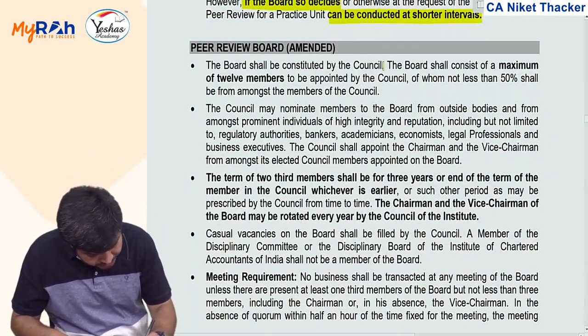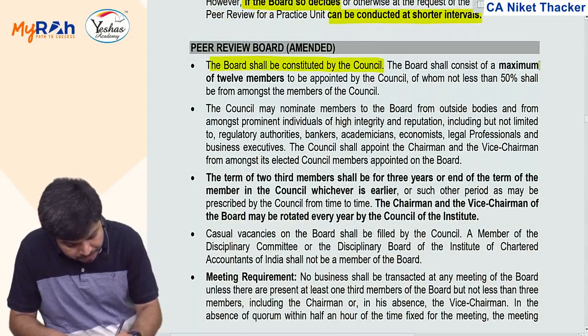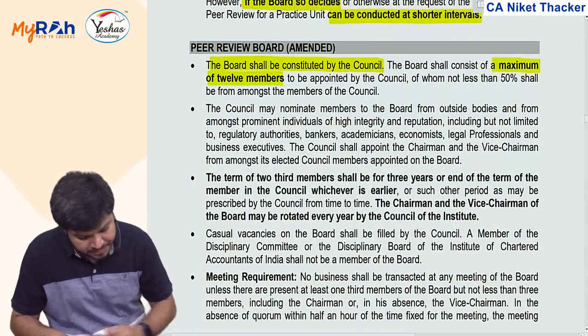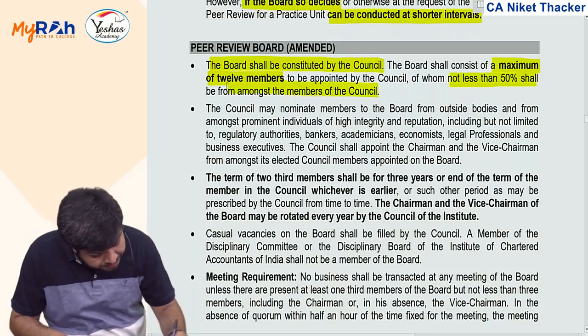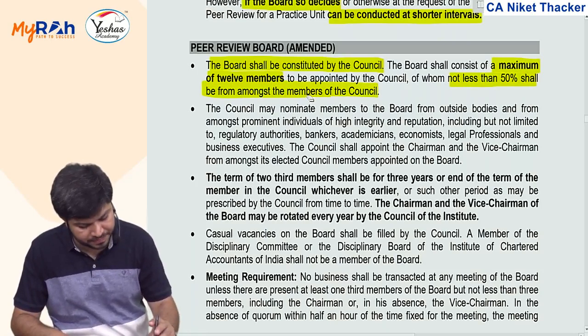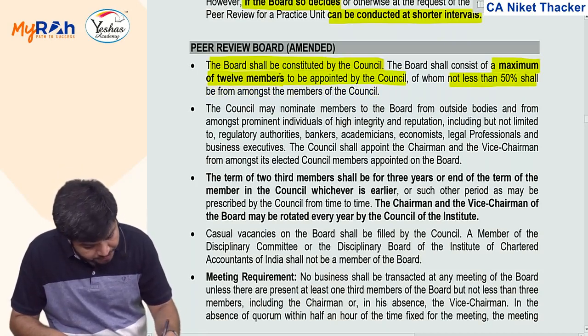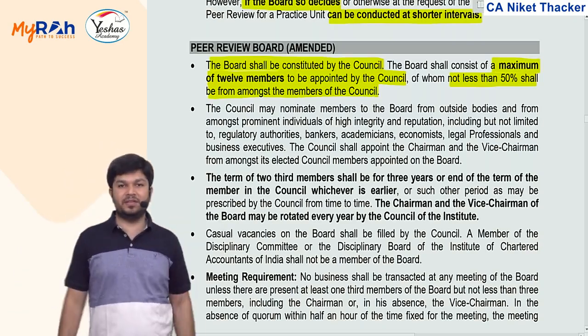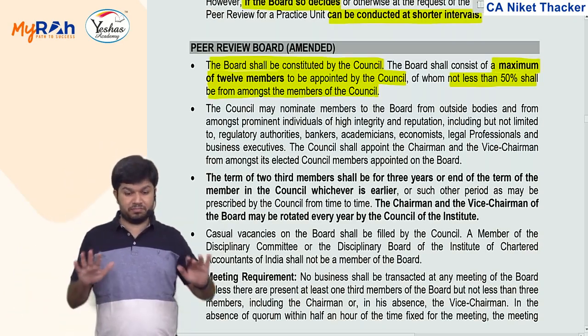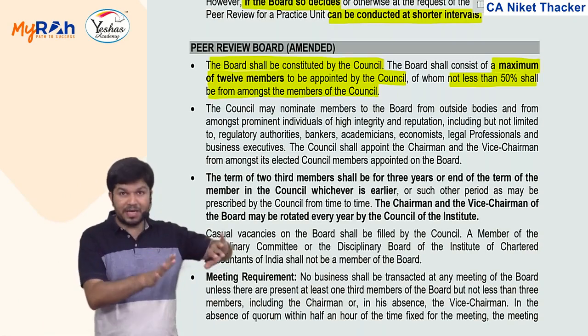It is constituted by council, maximum 12 members. Not less than 50% shall be the council members. Okay, 12 members appointed by council and 50% has to be council members only. So this is a board constituted by council.